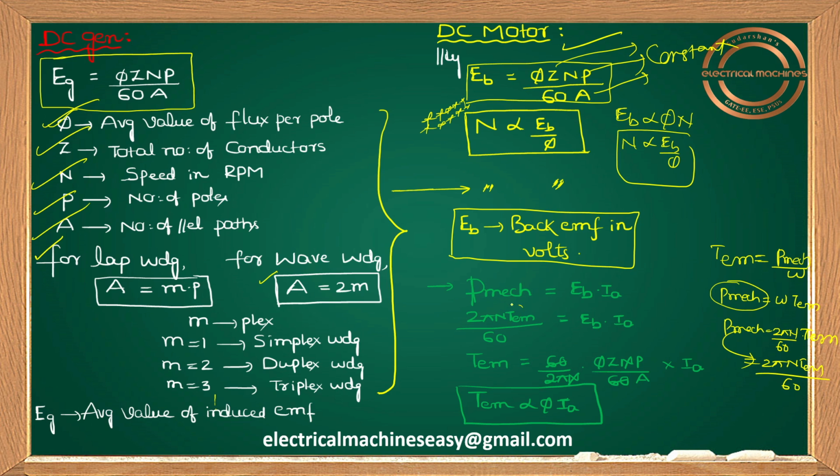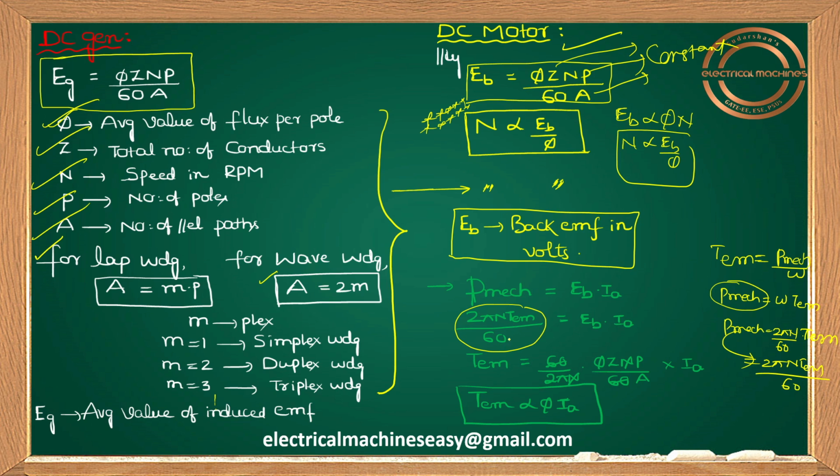The electrical equivalent of the gross mechanical power developed in a motor is back EMF into Ia, so I write Eb into Ia here.